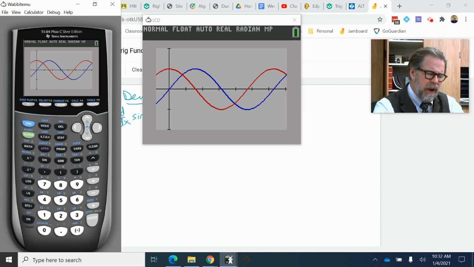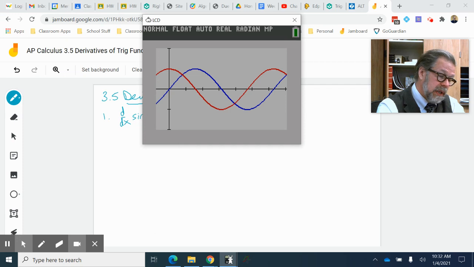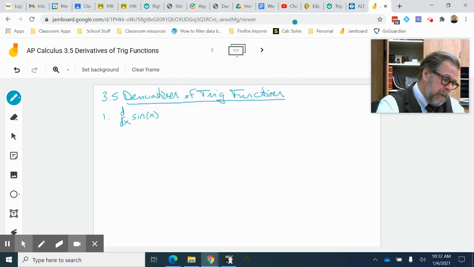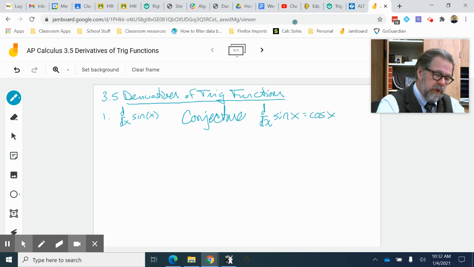And if I look carefully at this, it sure does look like the derivative of sine is in fact cosine. So we're going to look at this a little bit more. But for now, what we'll say is that my conjecture is that the derivative of sine is cosine.